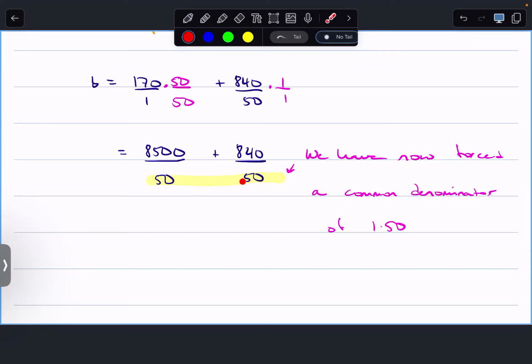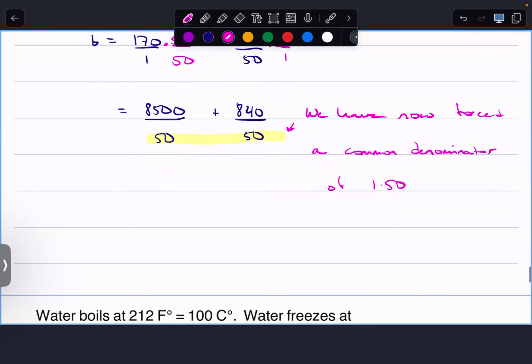Now that I have a common denominator, I can add the tops, the numerators, and put them over that common denominator, right? And so I can rewrite this as 8,500 plus 840 divided by 50. Right?